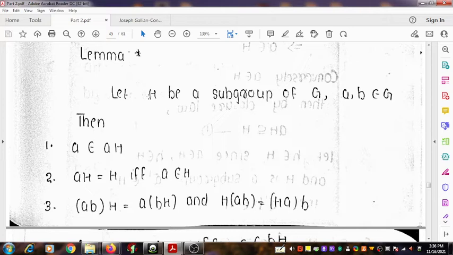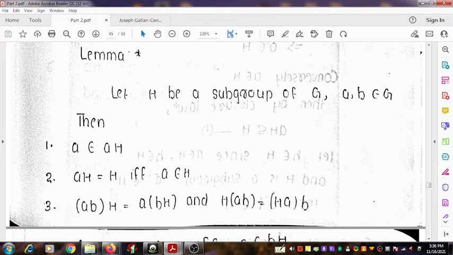For that, you have to tell about the group and say some words about the subgroup. So let G be a group, let H be a subgroup of G, and let a and b be any two elements of G.